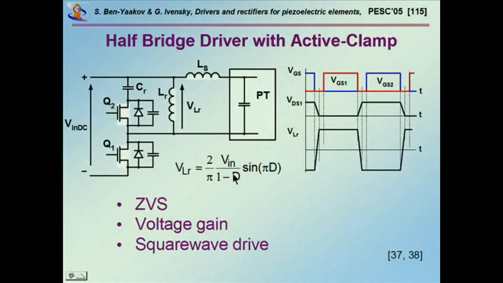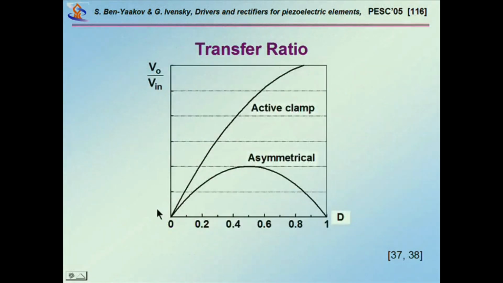Now, what you get here is rather interesting. If you run a half bridge in an asymmetrical way, that is, Q2 is on and Q1 is on, without this capacitor, just a half bridge, okay? Then you get a maximum at duty cycle of 0.5, so that the input to output ratio is something like this. You get a maximum voltage transfer at 0.5, and it's from 0 to 0.5 when the upper transistor is working, and then you have the other half.